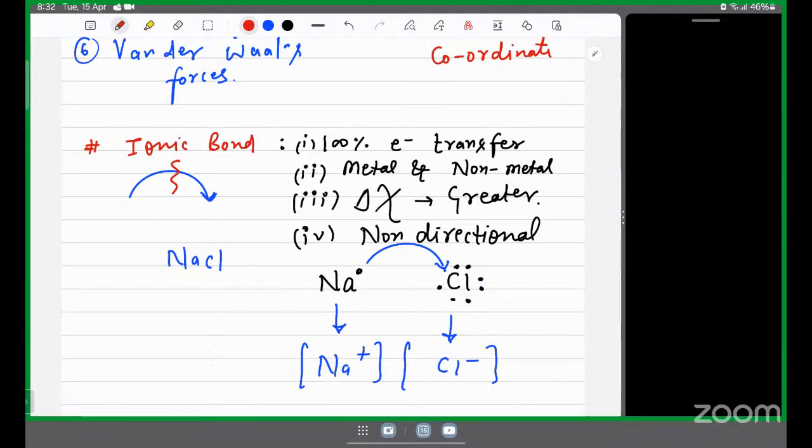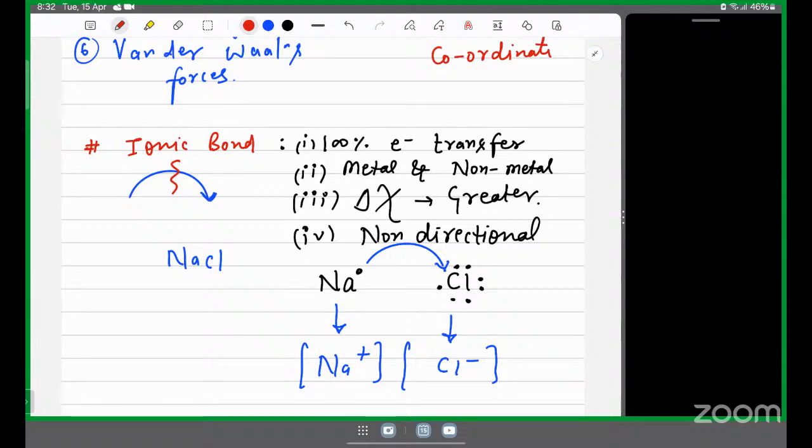So if atom A gives 2 electrons, atom B also gives 2 electrons and they form a covalent bond, and in any chemical reaction this covalent bond is broken, 2 electrons will go back to atom A and the remaining 2 electrons will go to atom B. So this is the condition in which ionic bond and covalent bond will be broken in a chemical reaction.